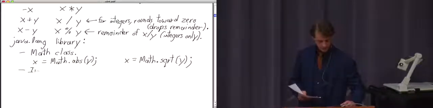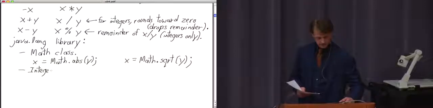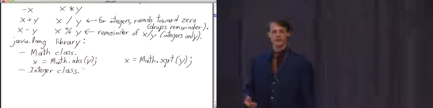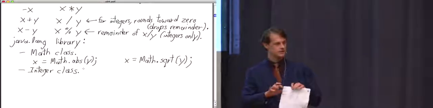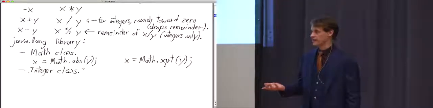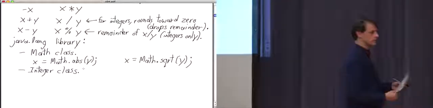There's a few other things that you might find really useful sometime in a few of the other classes. One thing that comes up really often is that you read a number from the keyboard, like someone types in some digits at the keyboard, but you get that as a string. You don't get that as a number. You need to convert that string to a number.